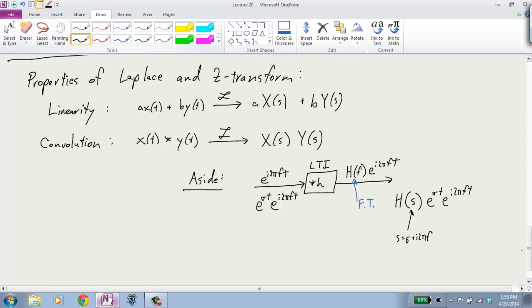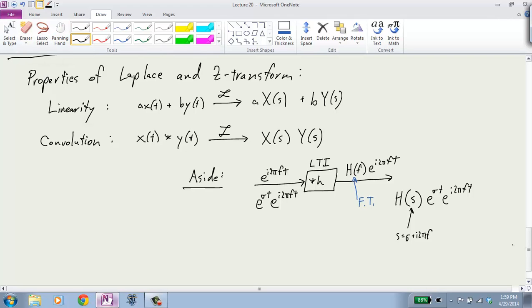Okay, how about we have this property. Again, this is one that you really became familiar with in your problem set more than the lecture.